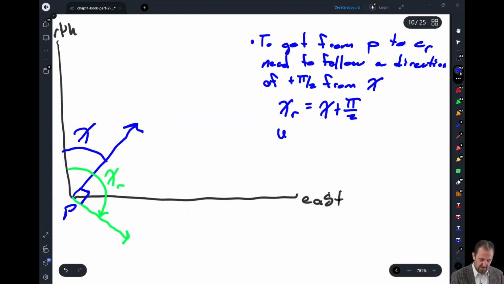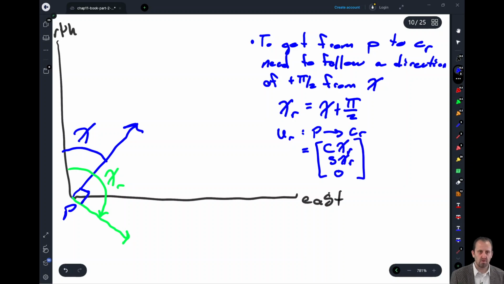So the unit vector for the right, pointing P to CR, would then just be equal to cosine of chi r, sine chi r, and 0. So we're assuming we're acting in the plane. Okay.